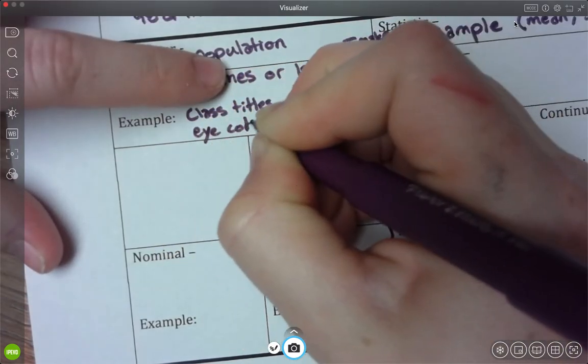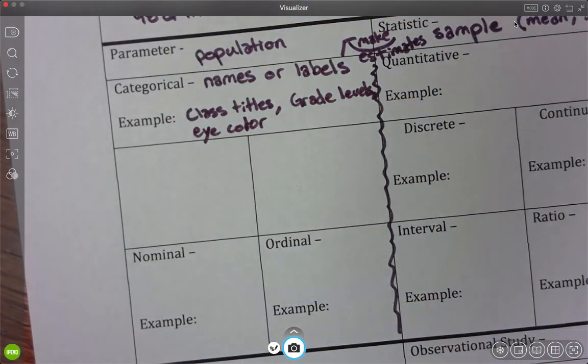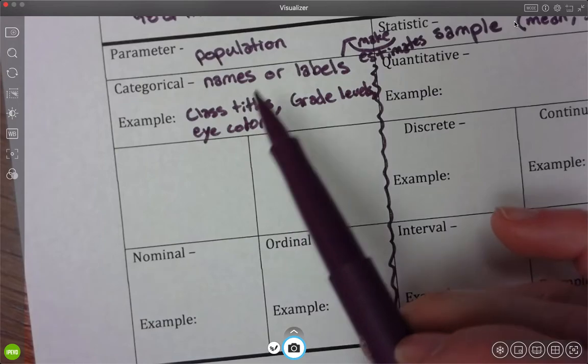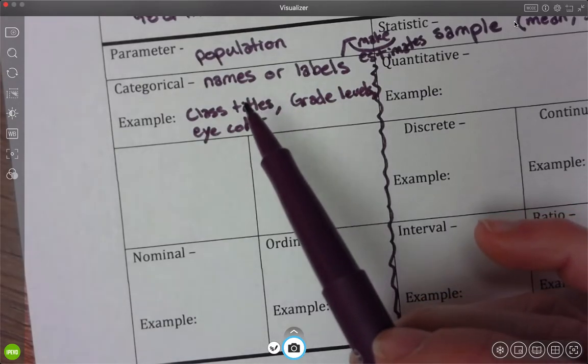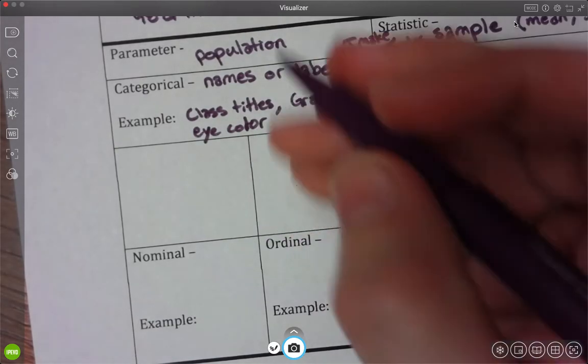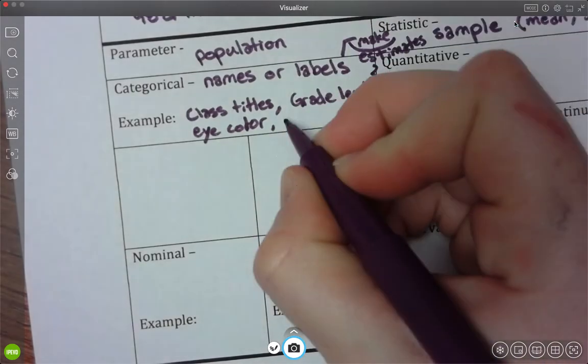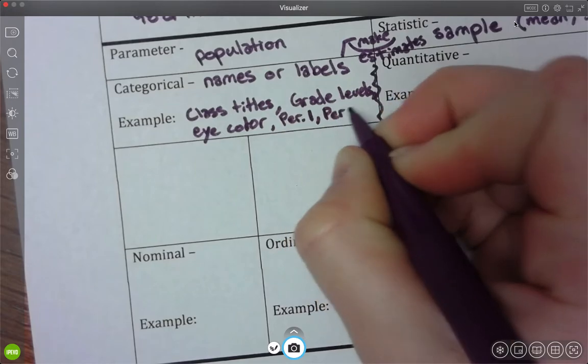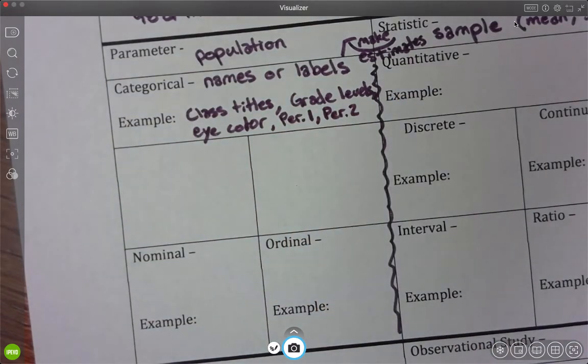Okay. Now, one more thing that I will add to this that we talked about when we did this section is categorical doesn't always necessarily mean that they are non-numbers, okay? So I could have like period 1, period 2, like for your class period, okay? So in that case, I do have period 1, period 2 as numbers, but they are considered categories, okay?